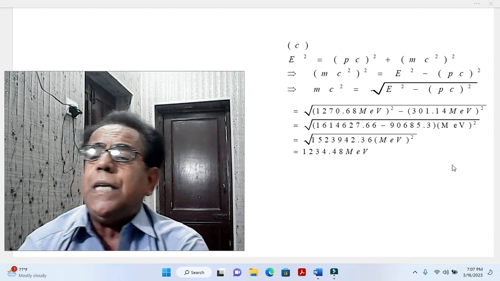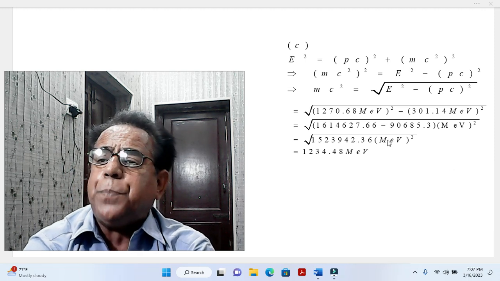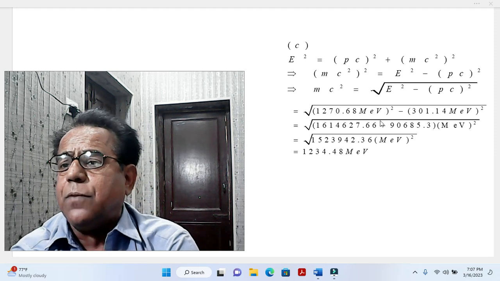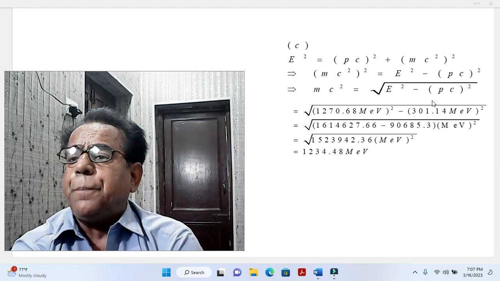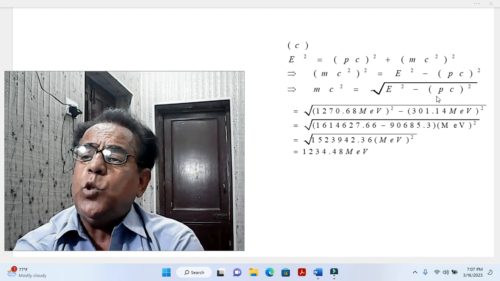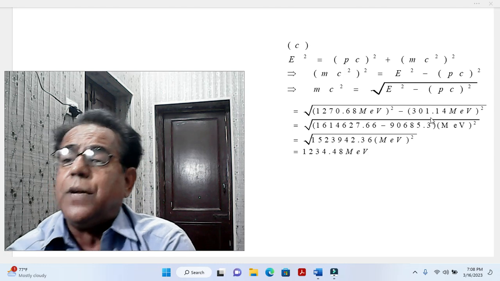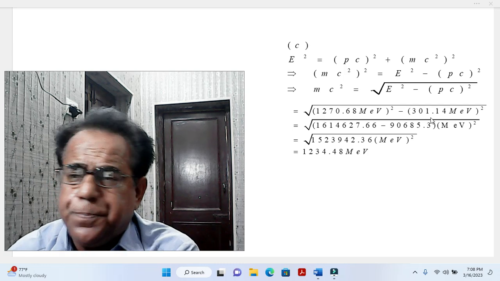The value of e we have calculated in the previous part, which is 1270.68 million electron volt, whole square, minus the value of pc which we also calculated in the previous part, which is 301.14 million electron volt.